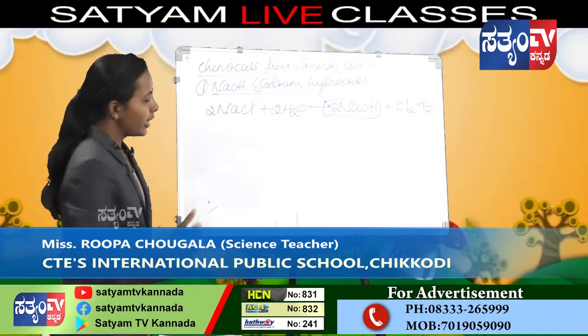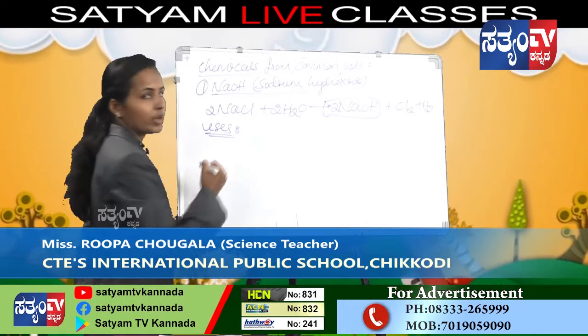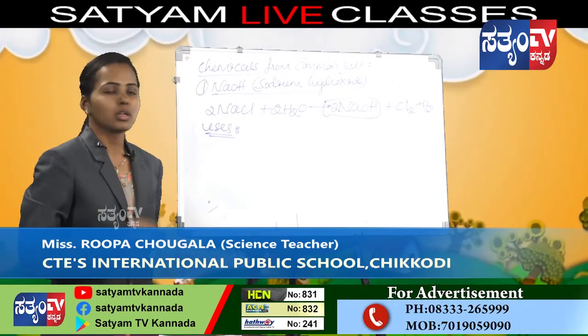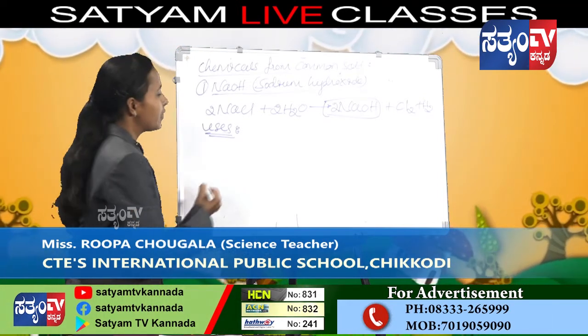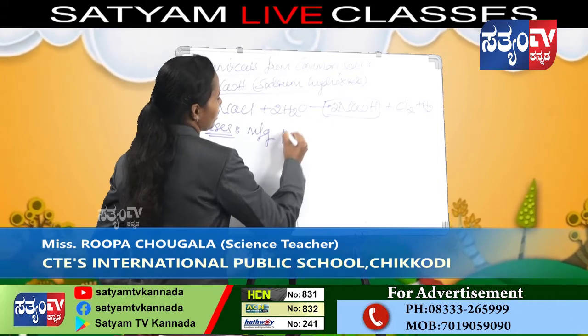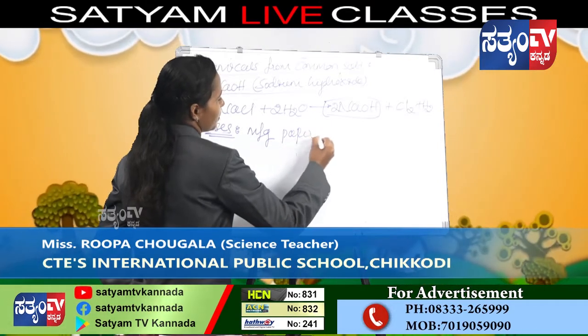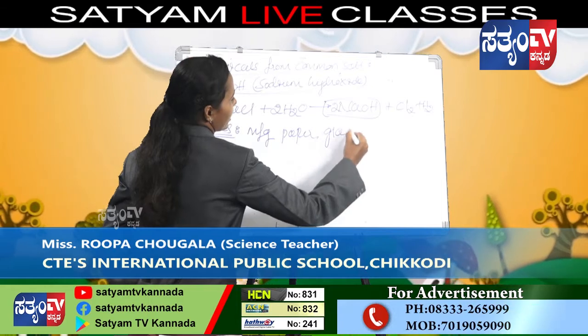Okay, and this is the formation of sodium hydroxide with the help of NaCl. And next, what are the uses of this sodium hydroxide? Sodium hydroxide is used for the manufacturing of paper industry and glass industries.